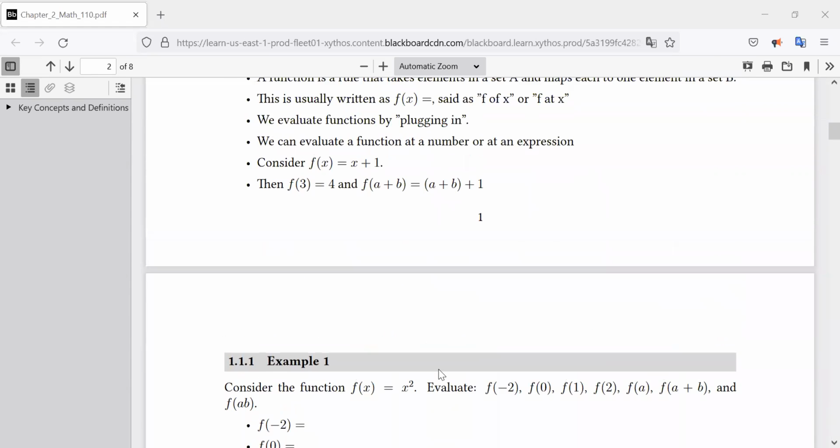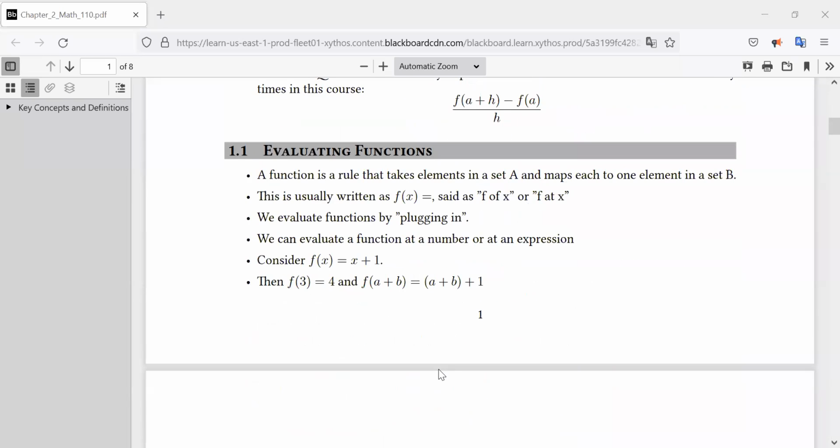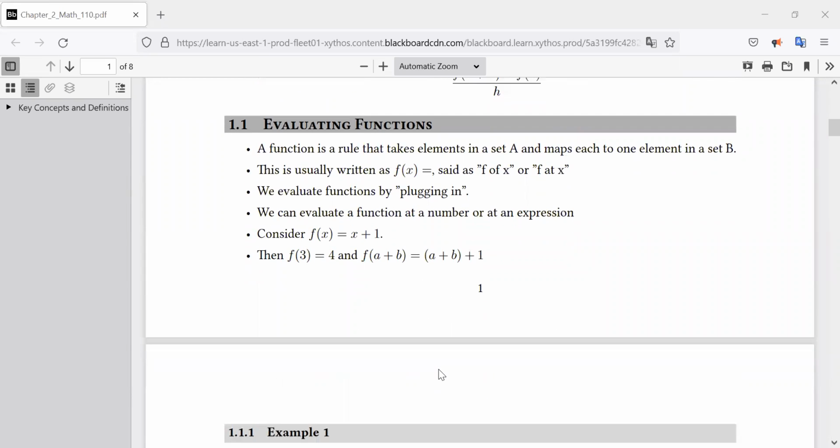So let's just run through some examples of functions, and hopefully this will help. Also just a bit of terminology. If you see something like this, we normally say f of x, and then you evaluate f at x, and that's when you just replace.